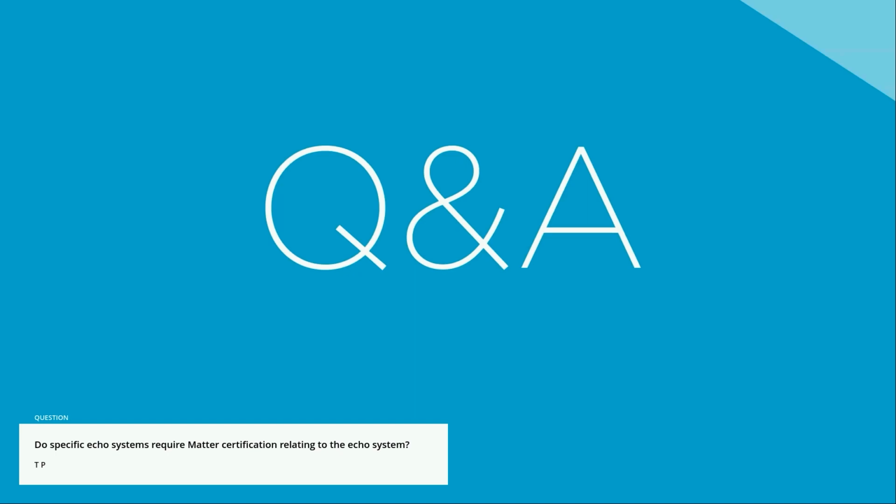together with an ecosystem. However, some ecosystems deliver some additional functionalities, and one of the examples is Amazon Alexa, which delivers additional functionality called frustration-free setup, which is not part of the Matter specification, but is something specific to this ecosystem.